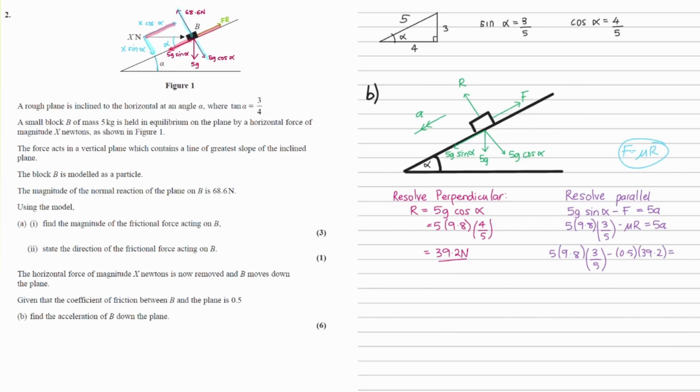If we work this out in the calculator, this would be equal to 49/5, and this is equal to 5a. If we divide both sides by 5, we will have 49/25 is equal to a, and therefore our acceleration is equal to 1.96 meters per second squared. And that is our final answer for part B.